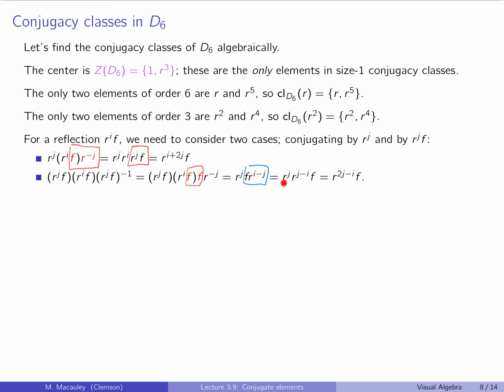So now we have R to the J minus I times F. So this is R to the minus I plus 2J. So if we're working mod 6, so the exponents are taken mod 6, I and minus I have the same parity, and if we add 2J to it, we also have the same parity. So once again, whether we conjugate by a rotation or a reflection, we do not change the parity of the exponent.